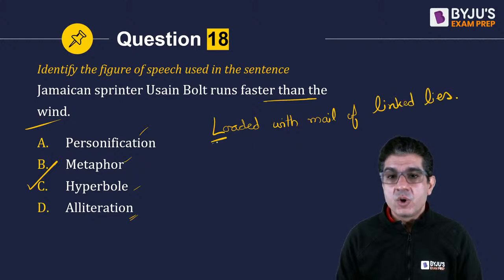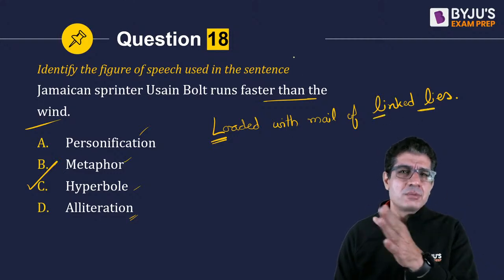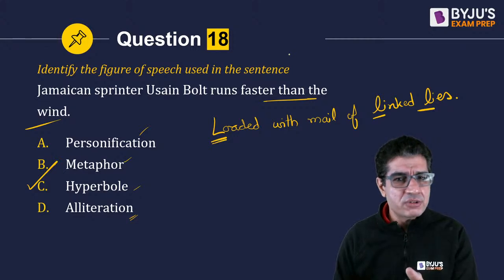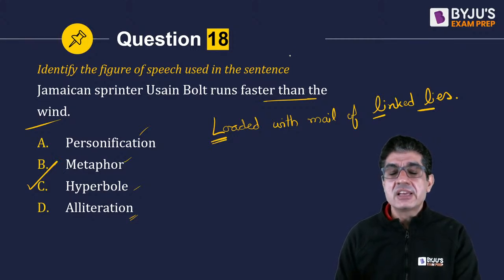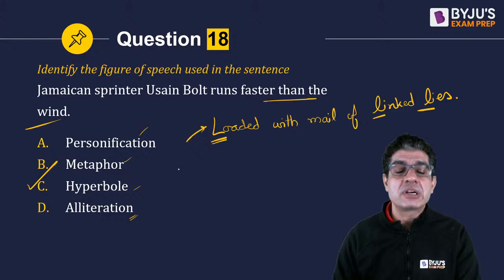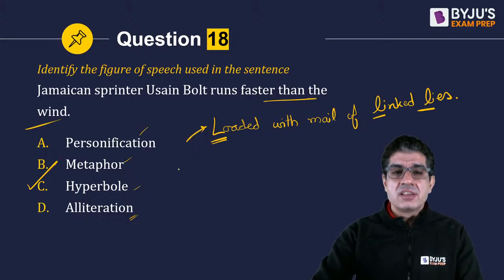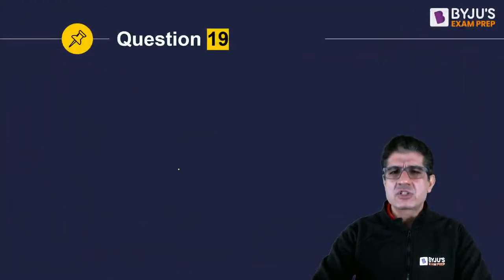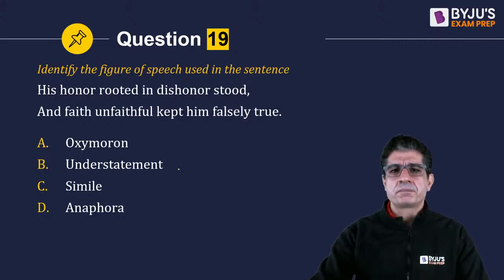What is loaded with mail? Loaded, linked, lies. All the three words happen to have the same consonant sound at the beginning. So we say that there is alliteration in this particular sentence. Then your next question on the screen.